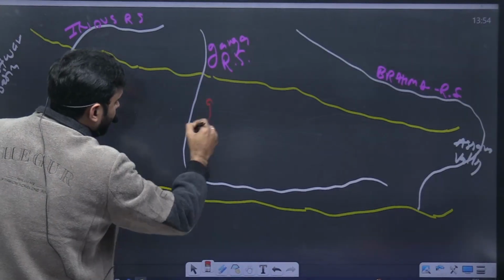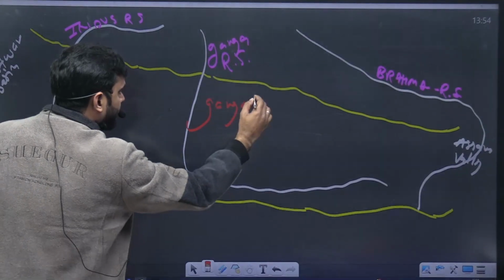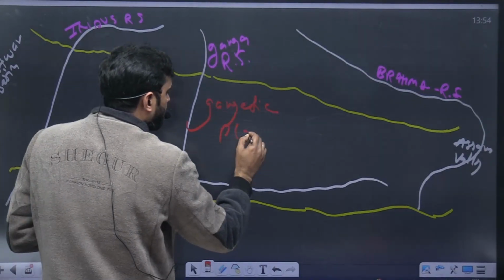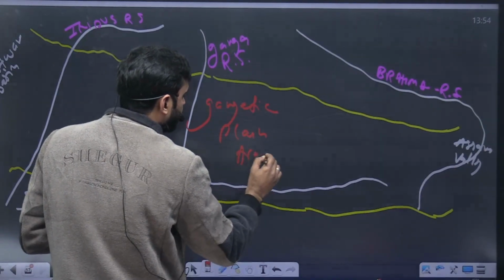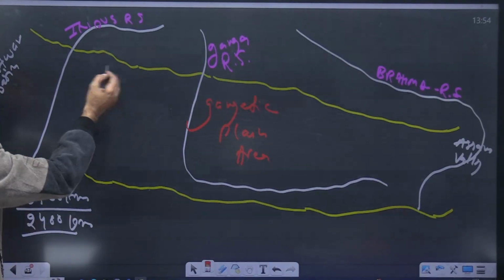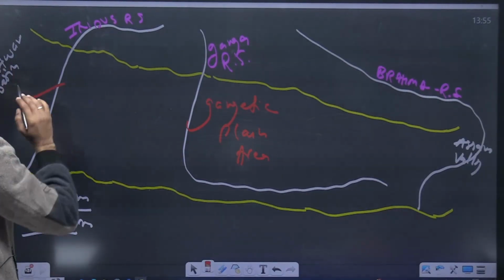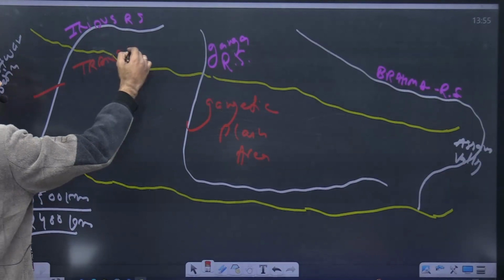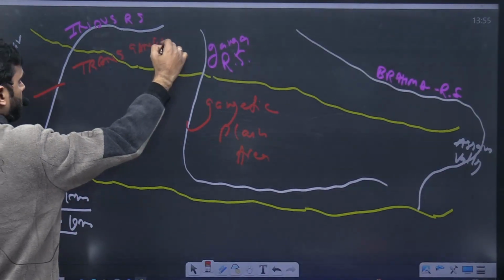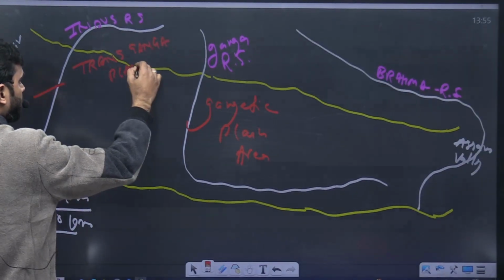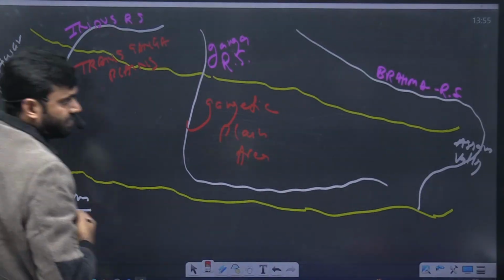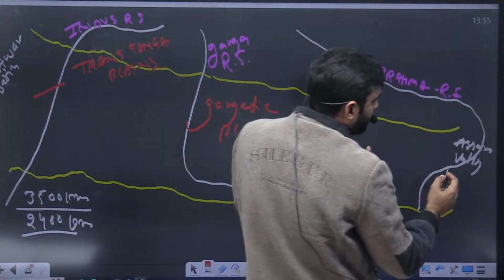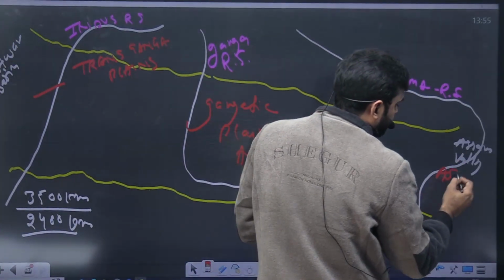First is the Gangetic plain area. Another is that this plain area has been categorized as the Trans-Ganga plains, and the Brahmaputra river system created the Assam plain.